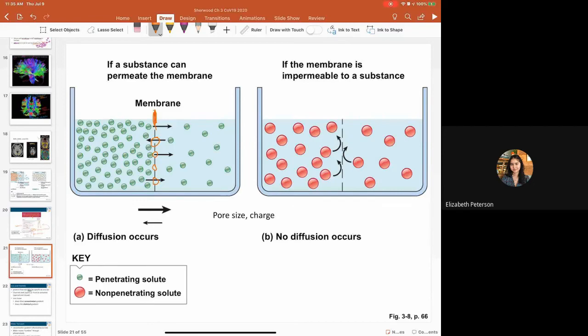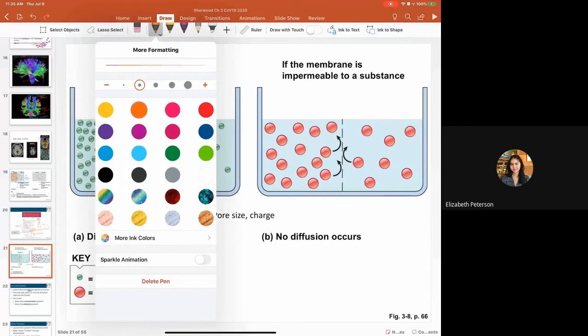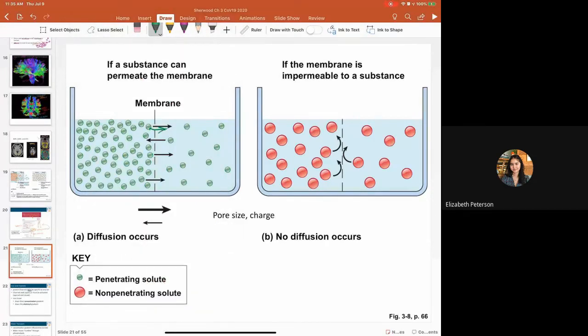And we're saying that the green particles can actually go across. So we've got the green particles moving through the pores, so they can diffuse.